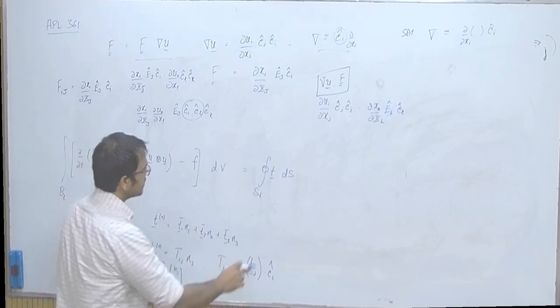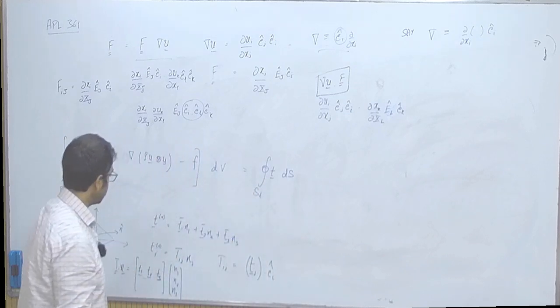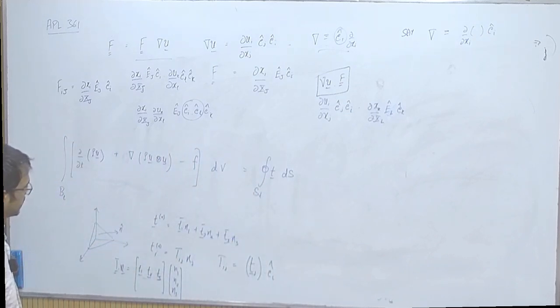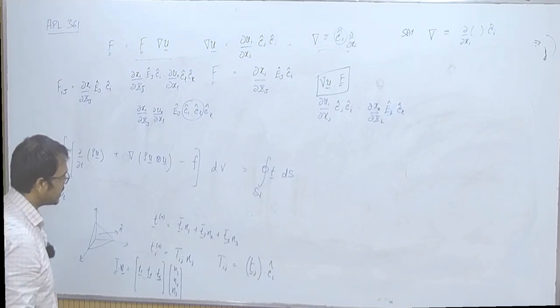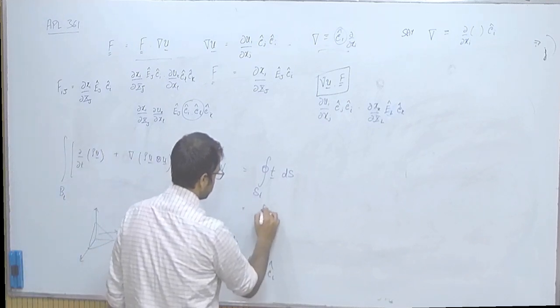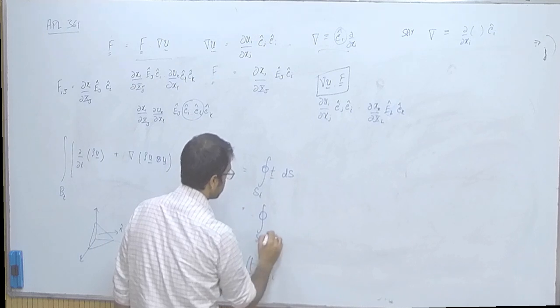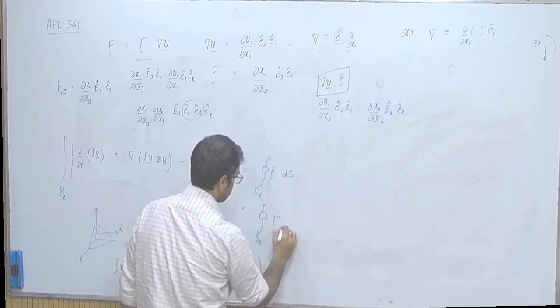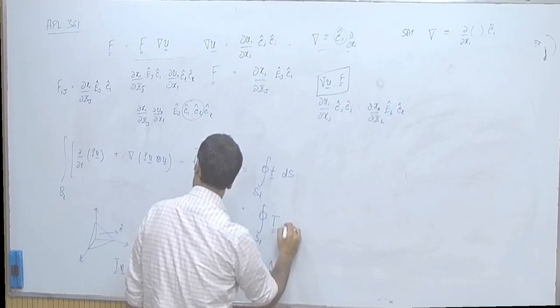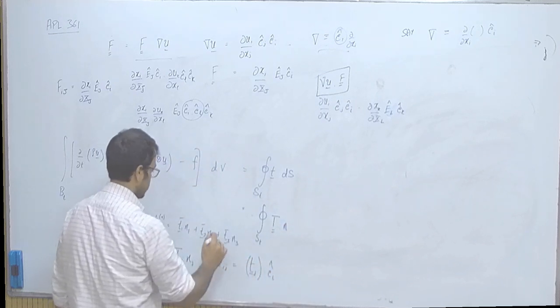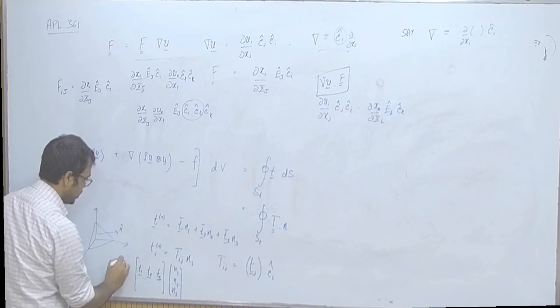That means this T I can write as this, where this is a unit vector.